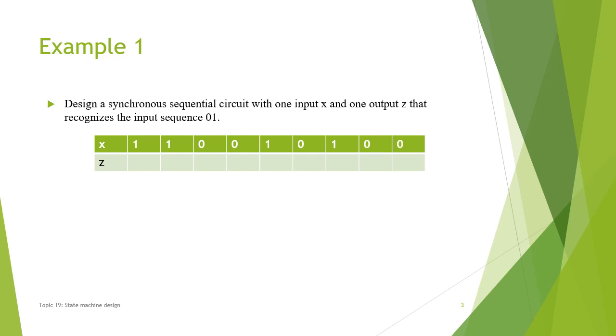Basically it says we have a data input called X, and when we input the data serially, we should have an output to tell us that we found a fixed pattern in that data. So this is very useful, right? You can use this as a data pattern recognizer.